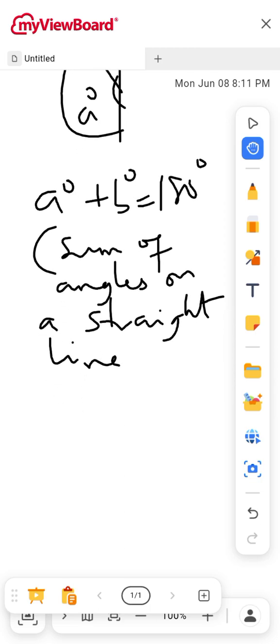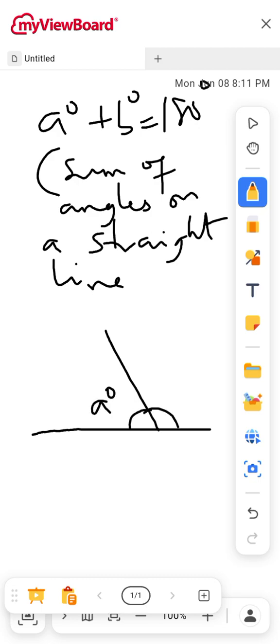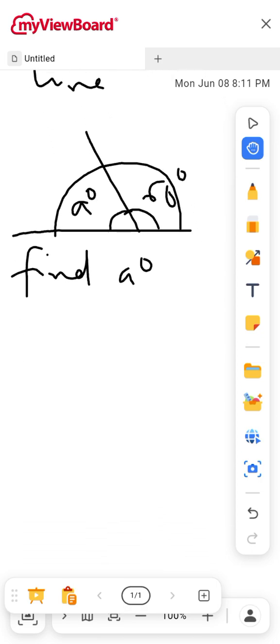Are we together? So if you are given an instance, maybe something like this, you have A, they call this place A, they call this place 60, and the question requires you to find A. Connect the lines together, it gives you the shape of a semicircle, and that is a straight line.